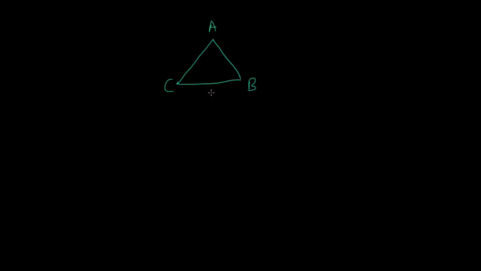So this is going to be side A, this would be side B, and that's side C. So the sine rule basically says that the sine of angle A over the side A equals the sine of angle B over side B, and that equals the sine of angle C over side C. Okay, and you could just flip this around and write it the other way.